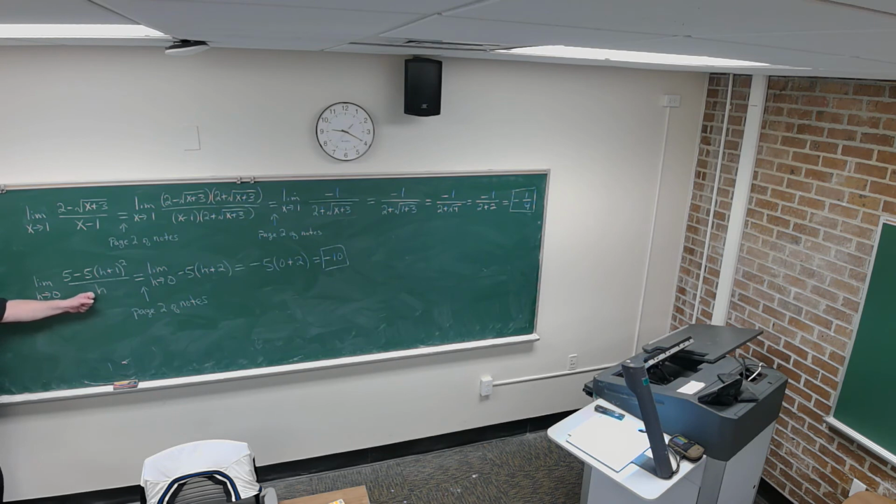This function's undefined at h equals 0 because when you put 0 in for h, you're dividing by 0. That's undefined. But for values of h close to 0, the value of the function is close to -10. Any questions on that?